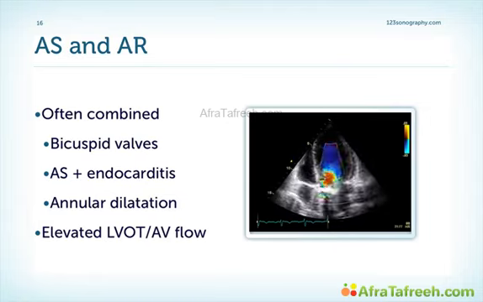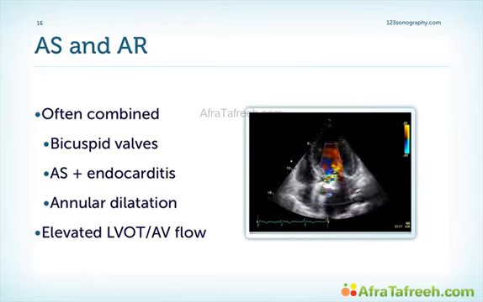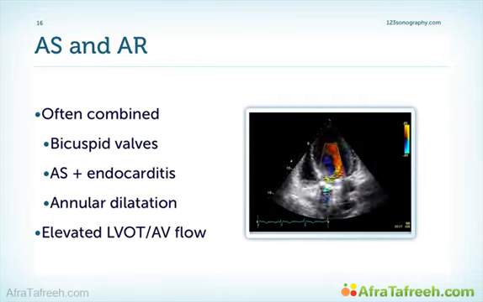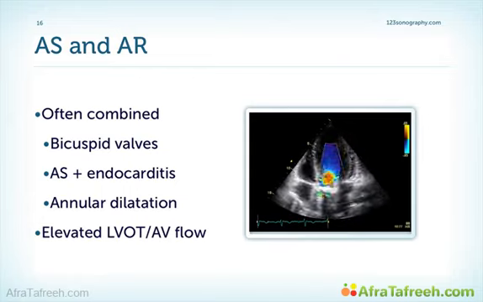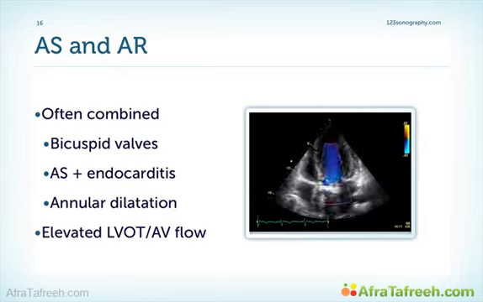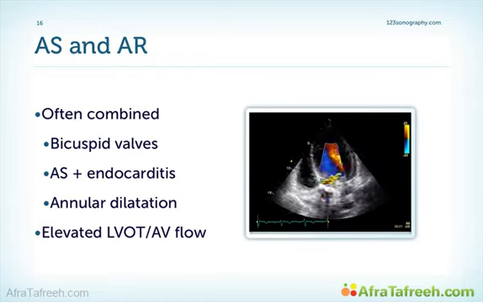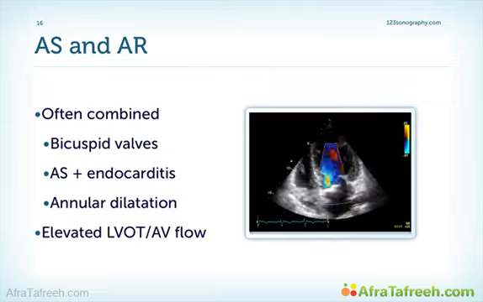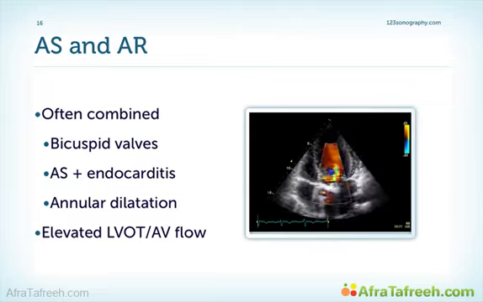Very often we have combined aortic stenosis and aortic regurgitation, especially of course in bicuspid valves, or if the patient had endocarditis with aortic stenosis, or if there is annular dilatation or aortic aneurysm. In these cases, we will encounter elevated LVOT or aortic valve flow, leading to higher gradients and to high LVOT velocities and turbulences.